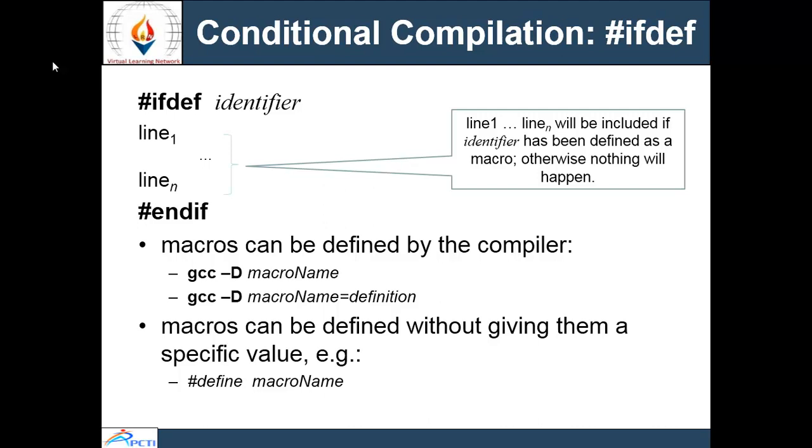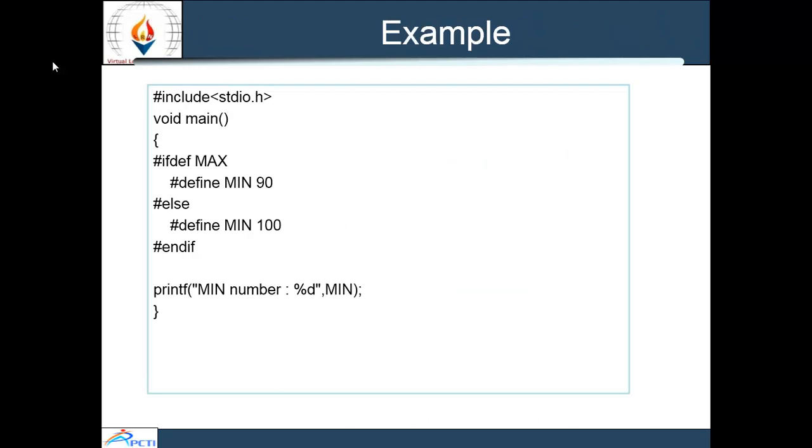But if the condition is not true, the statement will not be executed. Similarly, we can use hash ifdef. Here line 1 to line n will be included if the identifier has been defined as a macro. Otherwise, if the condition is false, nothing will be executed. So this is the example of ifdef.